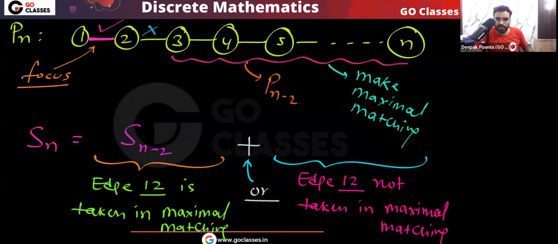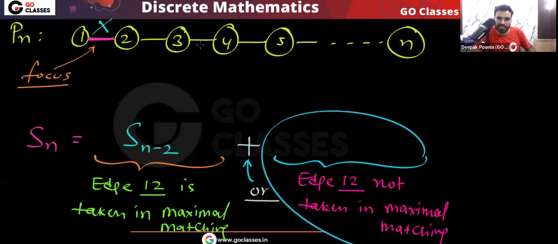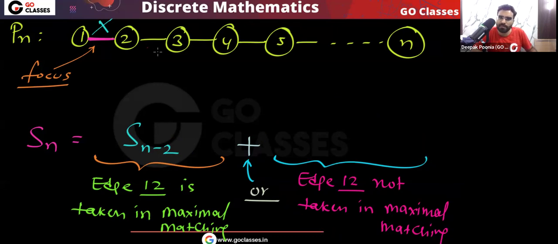Now let's see those cases where this edge 1, 2 has not been taken in the maximal matching. Remember, if you take this edge 1, 2 in the maximal matching, you will get Sn minus 2. But if you don't take this 1, 2 in the maximal matching, then how many maximal matchings will be there? This is what we need to find.